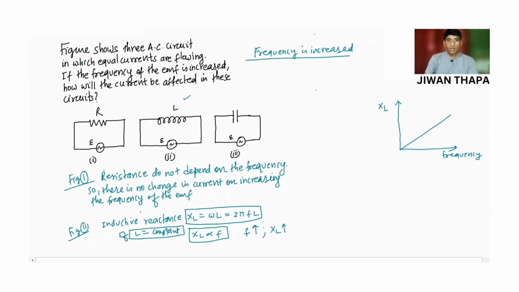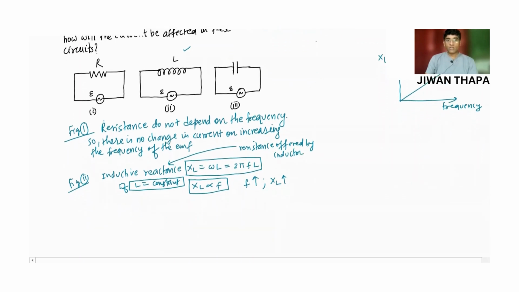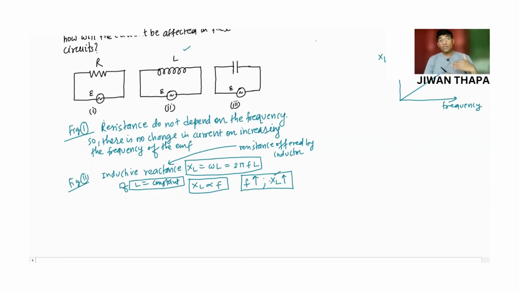So XL, which is inductive reactance, represents the resistance offered by inductor. So if frequency increases, then XL or the resistance offered by inductor increases.